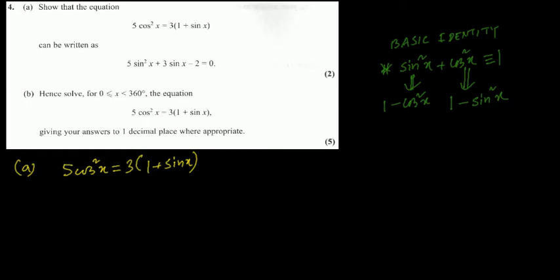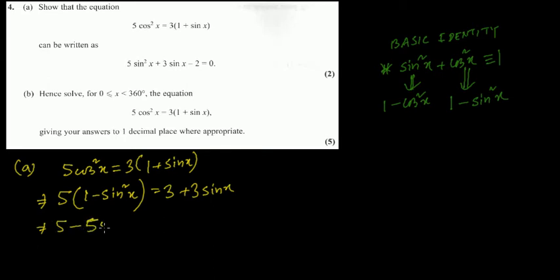So if we do this sum, all we have to do is get rid of this 5. Instead of cos square x, we can write 1 minus sine squared x, and if you multiply 3 into 1 is 3, 3 into this is 3 sine x. We can write 5 minus 5 sine squared x. Let's bring this 3 to this side. It will be minus 3 sine x equals to 0.